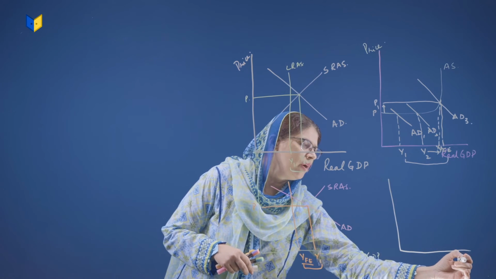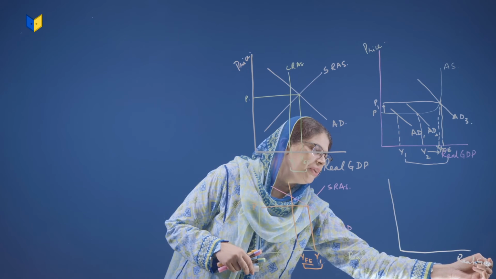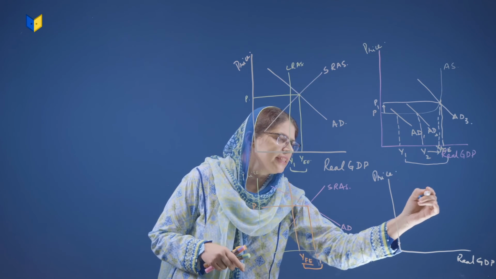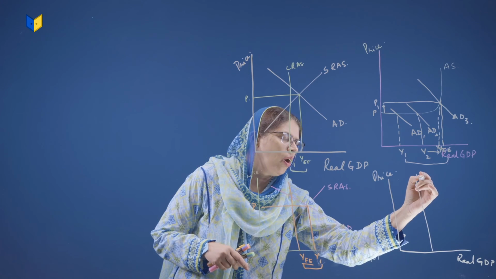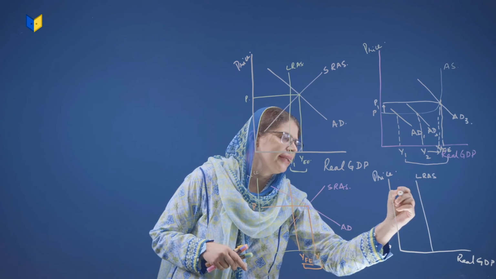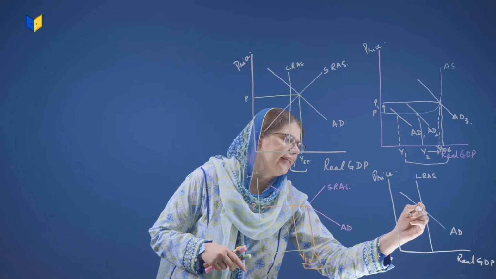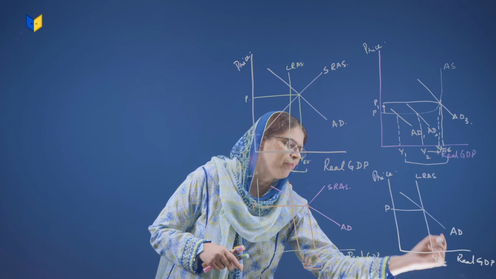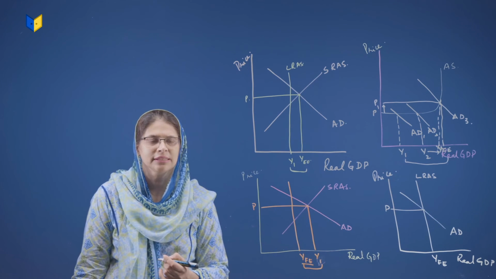Then another thing, if this is your real GDP, this is your price, and this is going to be your long run aggregate supply curve, this is going to be your aggregate demand, and this is your full employment of the resources.